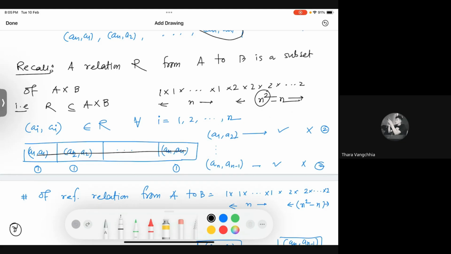So there are 2 to the power n square minus n reflexive relations on G.